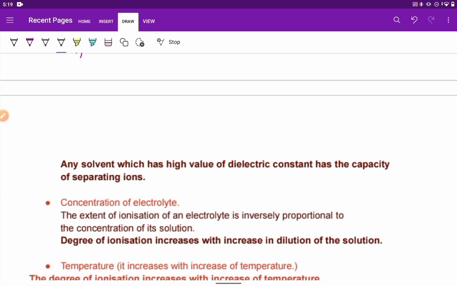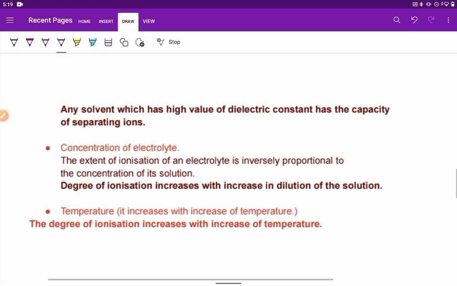Next important factor is concentration of electrolyte. The extent of ionization of an electrolyte is inversely proportional to concentration of the solution.